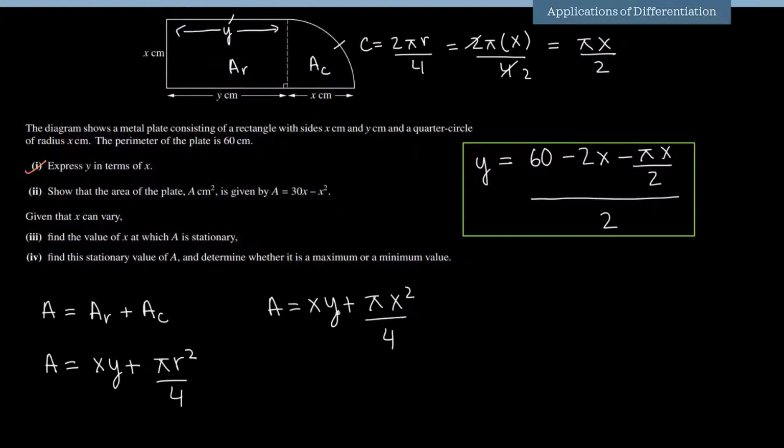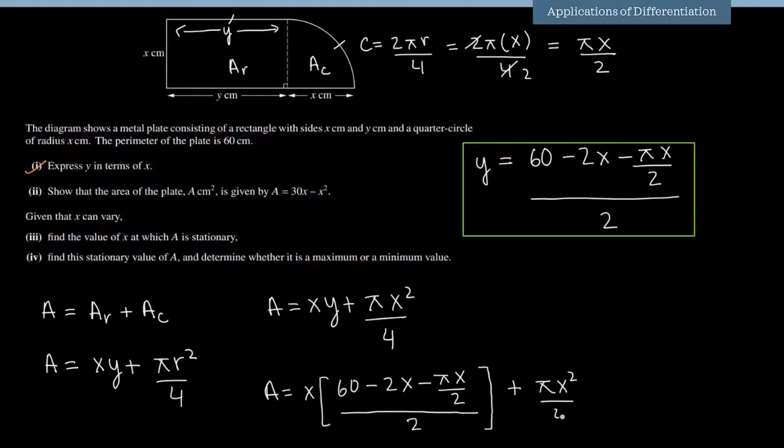So I'll replace this y with an equation of y in terms of x, which we found in part 1. So I'll replace y with this equation and I'll get area is equal to x times 60 minus 2x minus pi x upon 2 divided by 2 plus pi x square divided by 4.